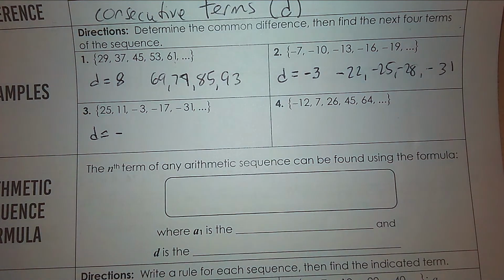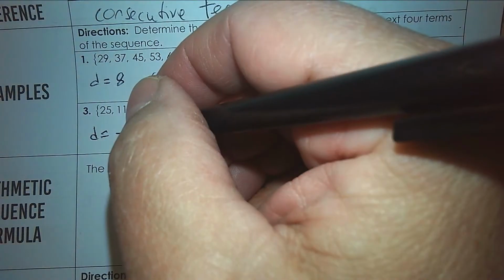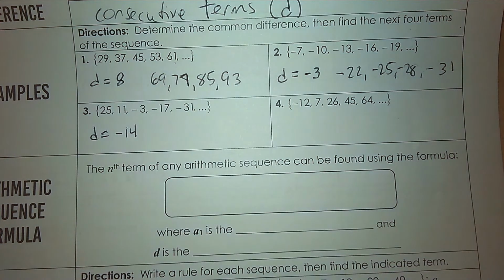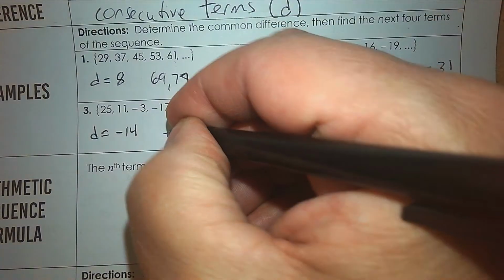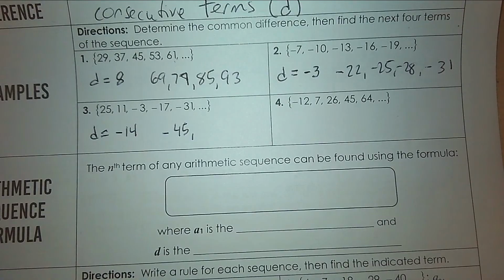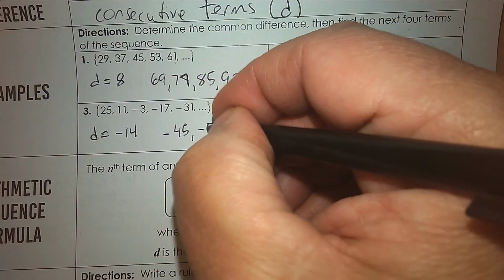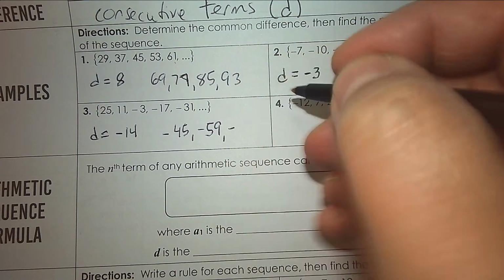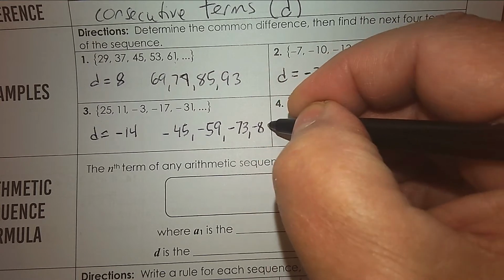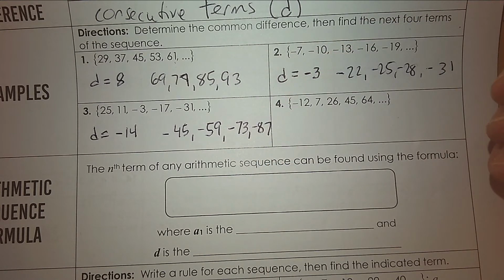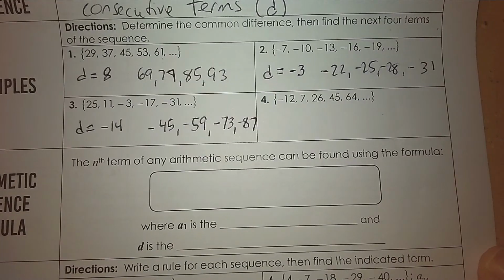So that means the common difference has to be negative, and they're going down by what number every time? So can you find the next 4 terms using that rule? All right, let's do it one more time. I know it's simple.